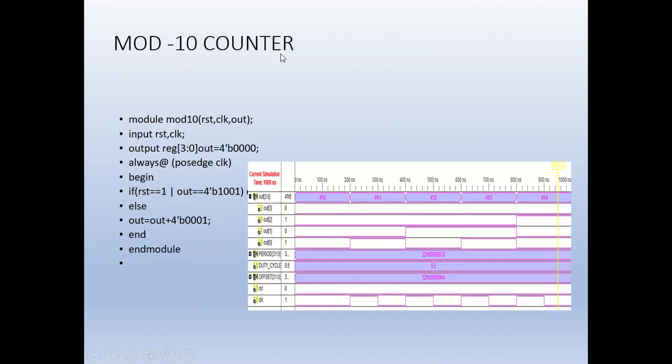And finally the mod 10 counter. In this mod 10 counter, the logic is the same. The module mod 10 has reset, clock, and the state assignments, and always at positive edge clock only it will do. If reset is equal to 1, then output is equal to 4-bit 1001. A mod 10 counter counts from 0000 to 1001.